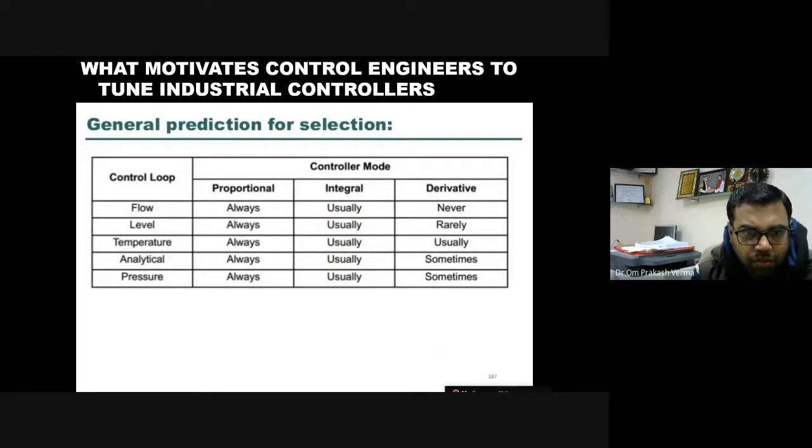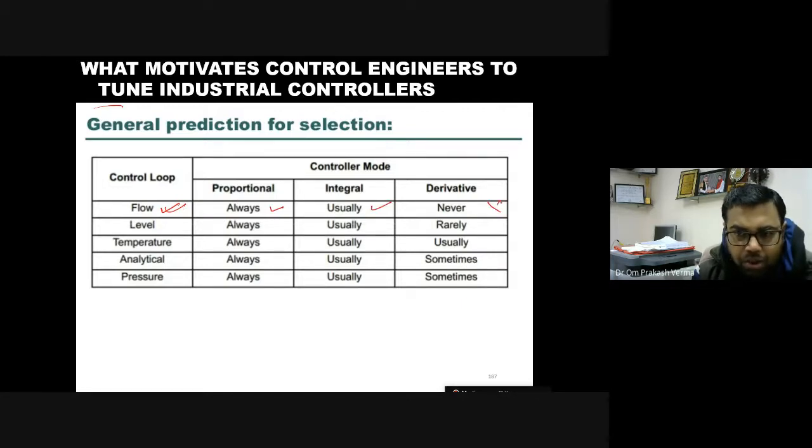So now the next version of your study is the PID controller. In which case, which type of controller do you prefer? ठीक है, जैसे suppose you want to control the level of the tank, right? So which type of controller is more preferable? So suppose you want to control the flow, then proportional controller and integral controller is preferable.